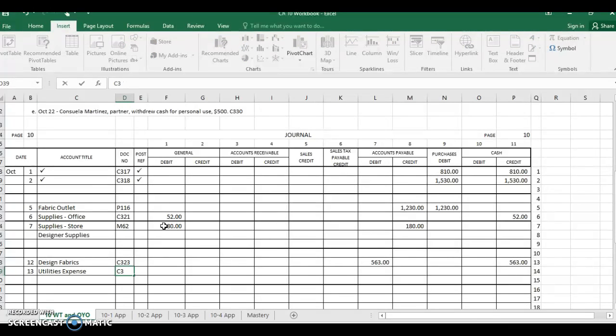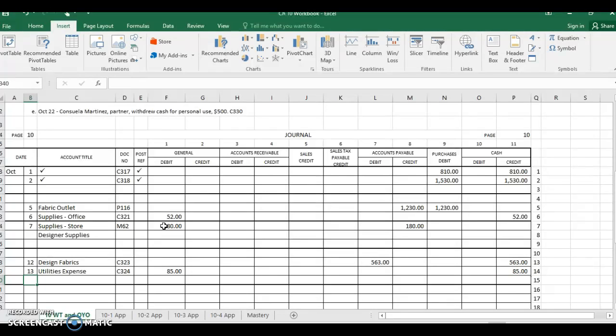Check C324. Okay, that was $85 to pay our phone bill. So it's a general debit, just like any other expense, and a cash credit, just like any other expense. That's nothing new. We've done those before, so that's good news.